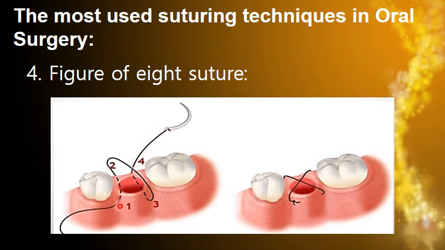Then, by doing the tie, I will form the other arm of the figure of 8 or the X. This is the first X when I came from point 2 to point 3. From point 4 to point 1, I will have the second arm of the X, and I will then have the figure of 8.